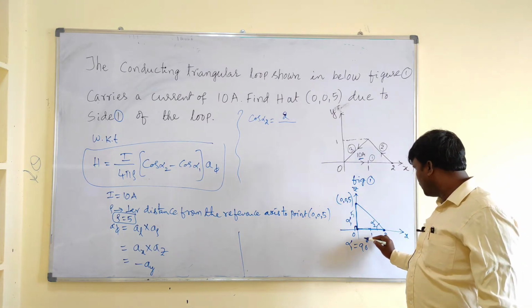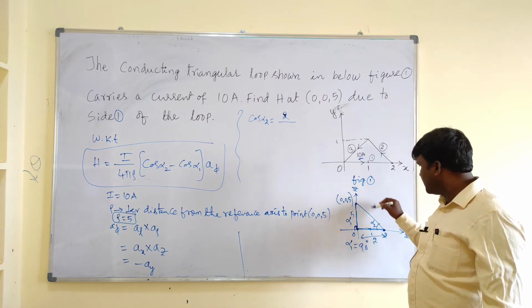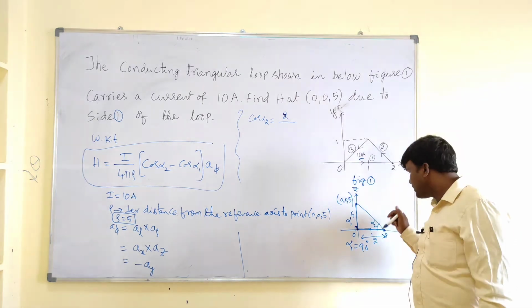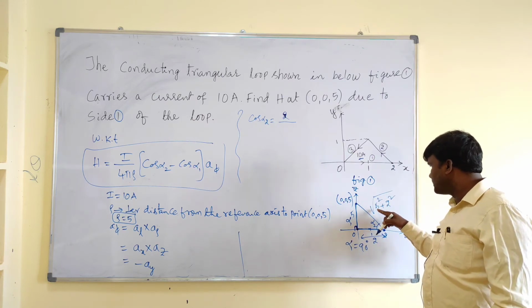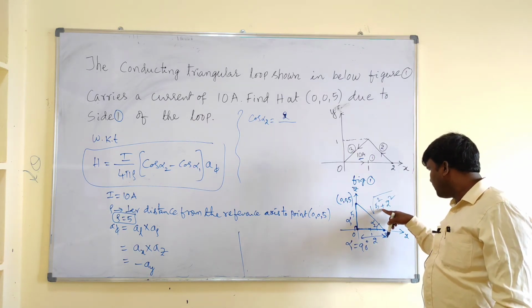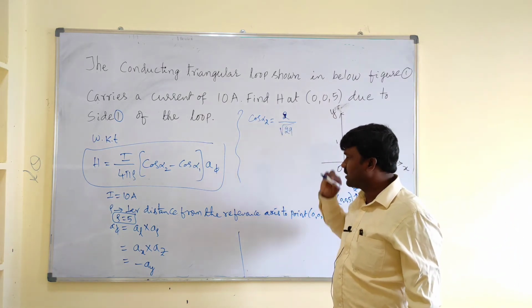The hypotenuse is under root 5 squared plus 2 squared, that is root 25 plus 4, which gives root 29. So cos alpha 2 is 2 by root 29.